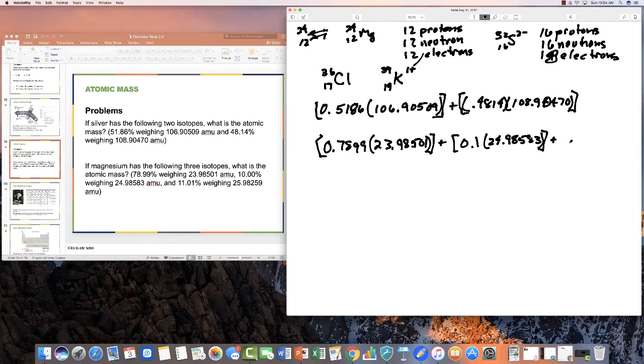And the third one is 0.1101 times 25.98259. And so you multiply this and this and this, and then add all 3 of these together, and you get the answer.